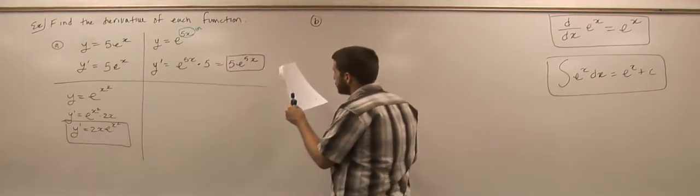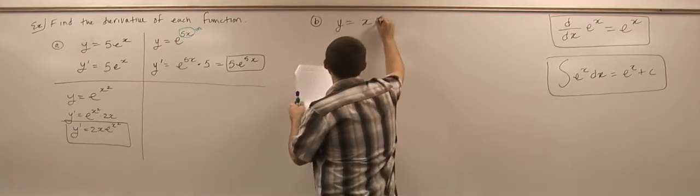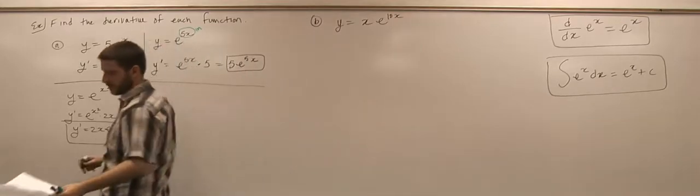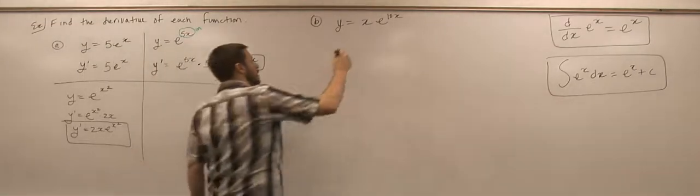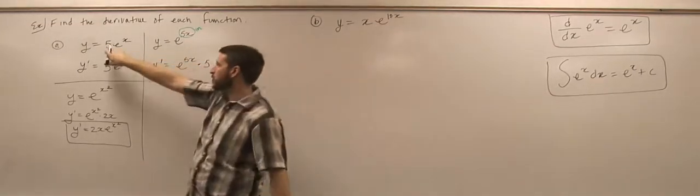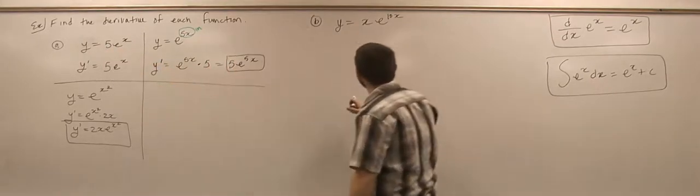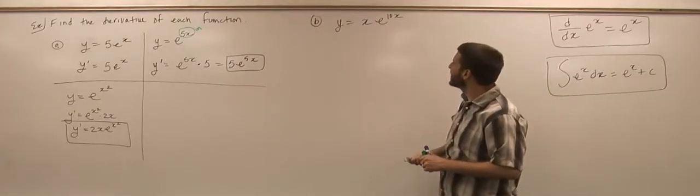Let's see if we can make it not easy. So, x e to the 10x is my function. I want the derivative. It's got to be product rule, right? Because you have multiplication. How come I didn't use product rule here even though I had multiplication? Constant. Oh, good. You guys didn't know that like a short 2 months ago.